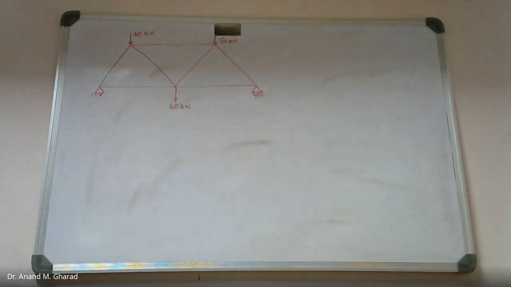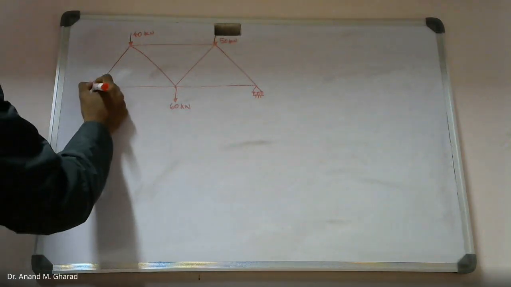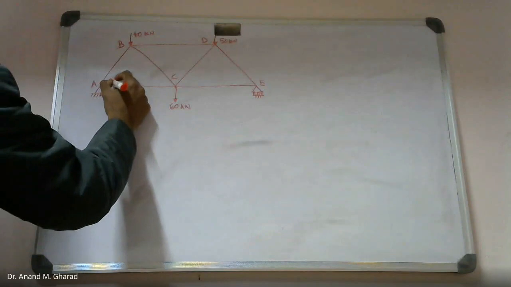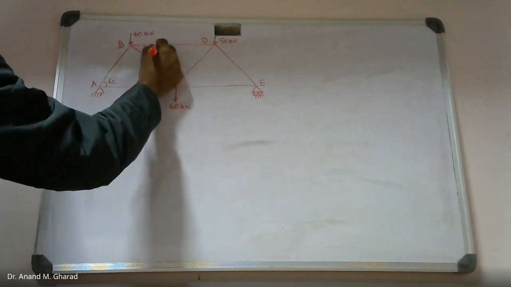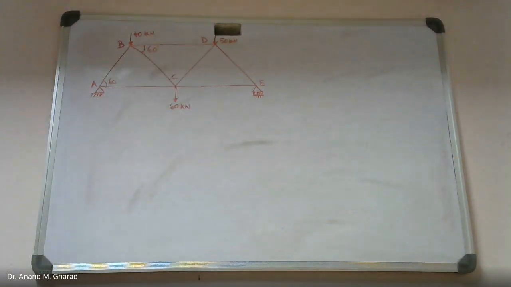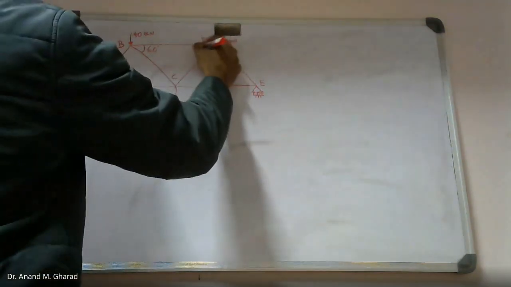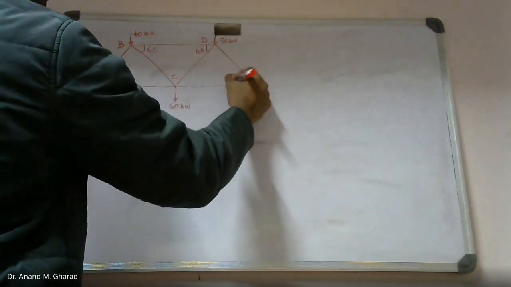Okay. And there are a few more informations as far as the joints. Angle is given, this is 60 degree, this is 60 degree, 60, everything 60.